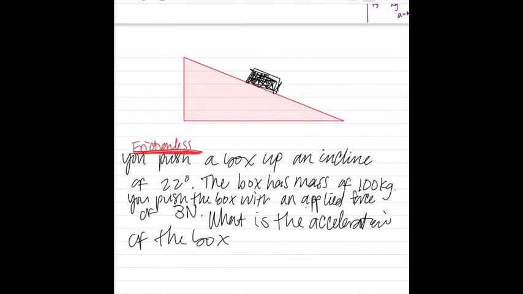Okay, messy. Gravity comes straight down. Perpendicular to your surface, normal force. Straight down from normal force is Fg of y, and then making it 90 degrees with Fg of y is Fg of x.